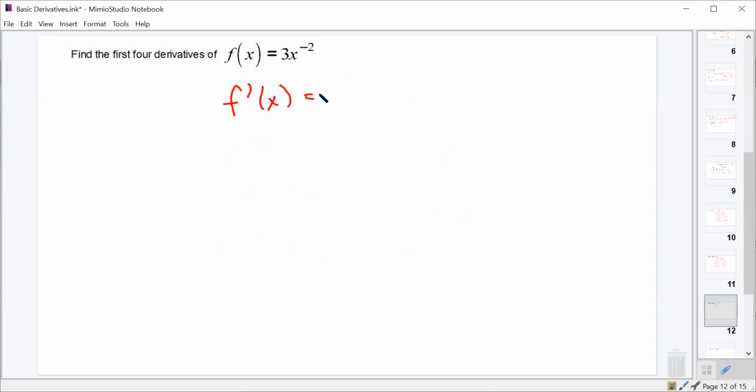All right, let's find the first four derivatives of this. F prime of x equals what? Negative 6x to the negative third, right? Yes. Okay, and what about the second derivative? 18x to the negative 4.